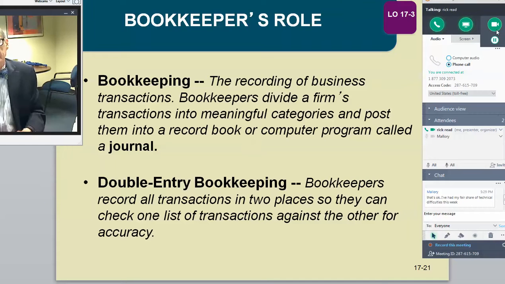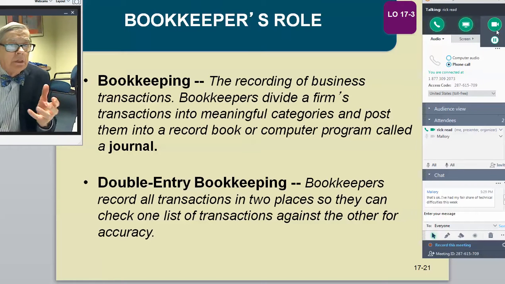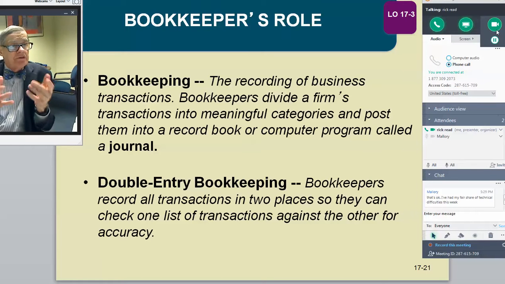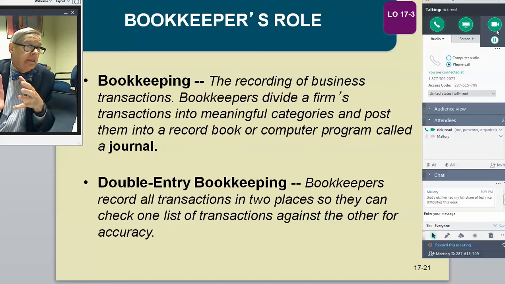The bookkeeper, whoever he or she is, is recording the transactions in these journals and dividing the firm's transactions into meaningful categories. So they have to be for sales, for payroll, for whatever it is. In the old days, they did this by stubby pencil. Today, we usually use a program, and the program is called a journal.